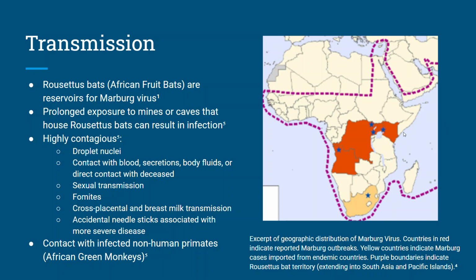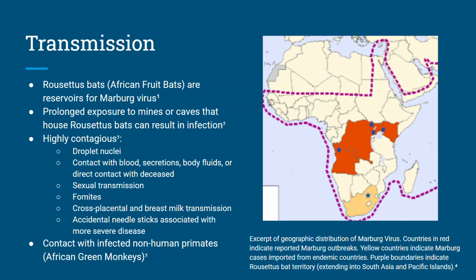You can see these countries shown in red are those endemic regions to the Marburg virus. And this purple dotted line shows the Rousettus bat migration territory. It goes in this South Central Africa region, actually extends all the way west to the Pacific Islands, South Asia, including India and Laos, even southern China, and a little bit north of Australia as well.